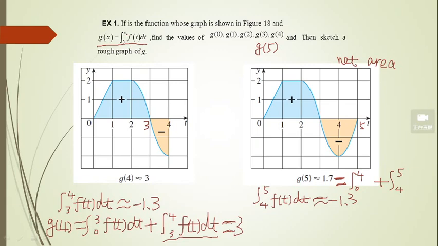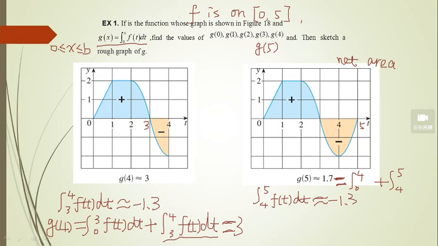And by the way, can this x go to 6 or 8? Of course not, because the function f is on the closed interval 0 to 5. So the x value we can choose in the function g is between a and b, sorry, between 0 and 5.